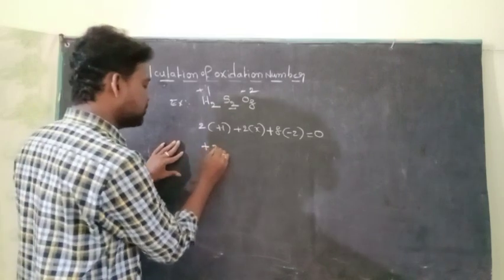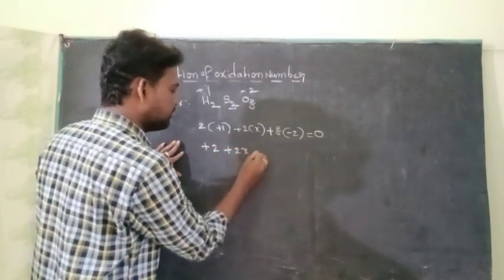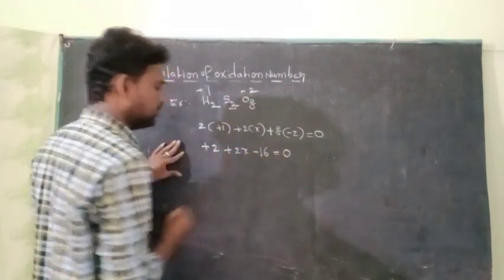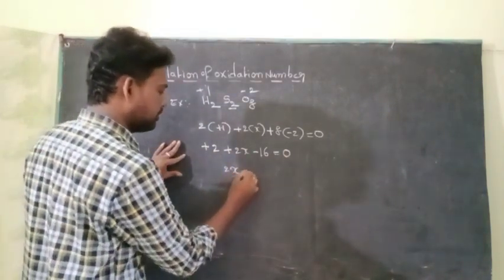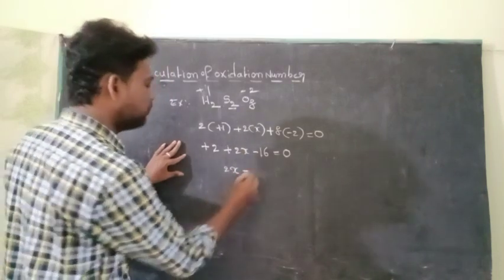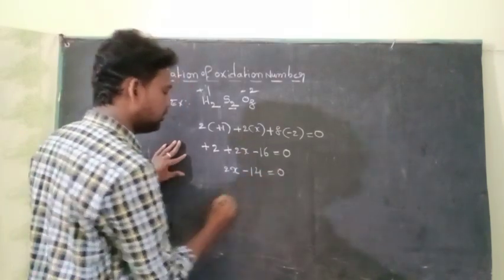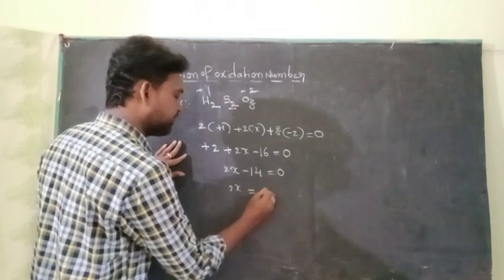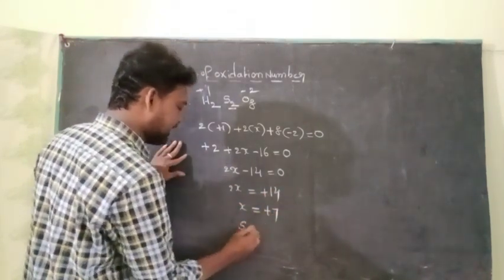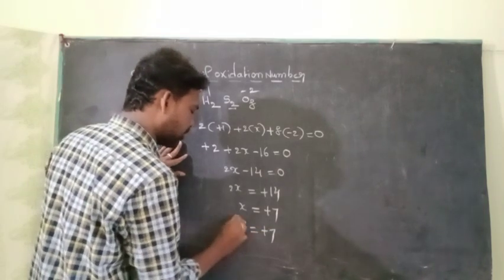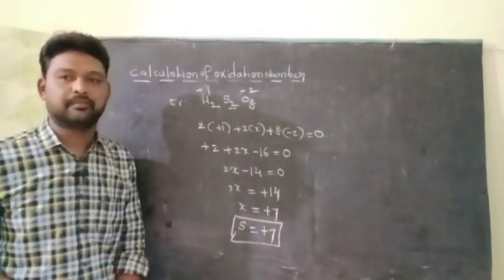So 2 plus 2x minus 16 equal to 0, so 2x minus 14 equal to 0. 2x equal to plus 14, x equal to plus 7. The x is sulfur, so the sulfur oxidation number is plus 7.